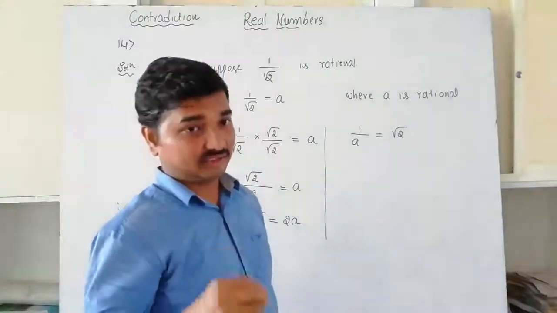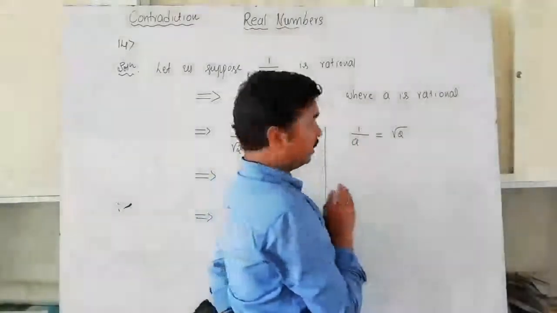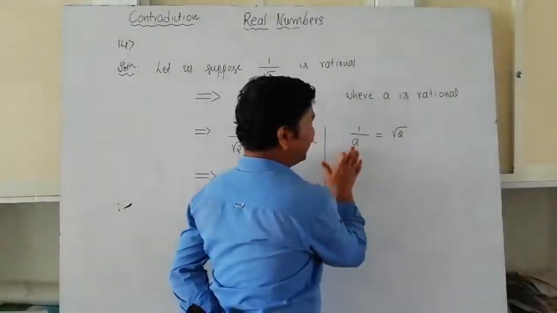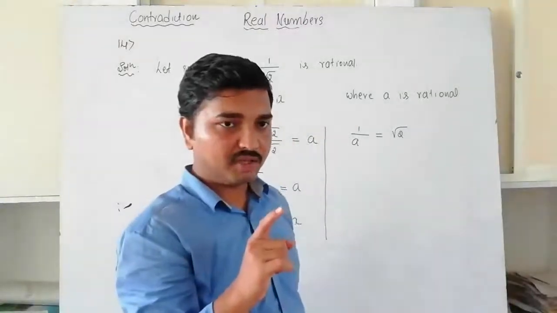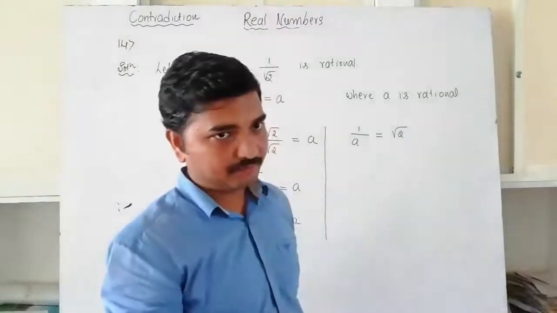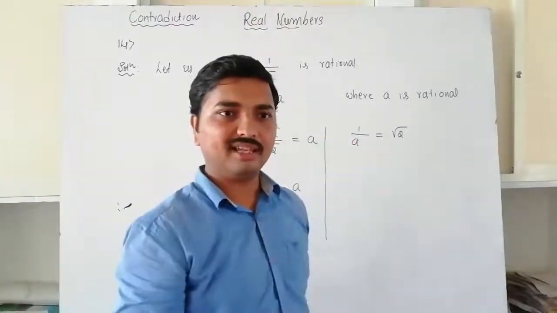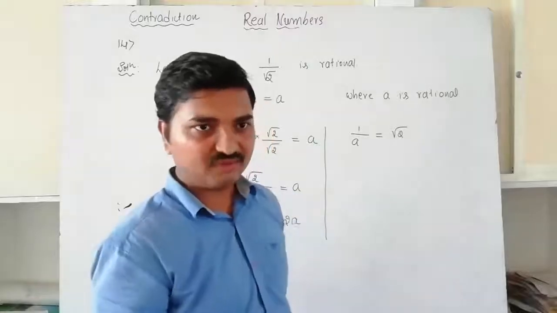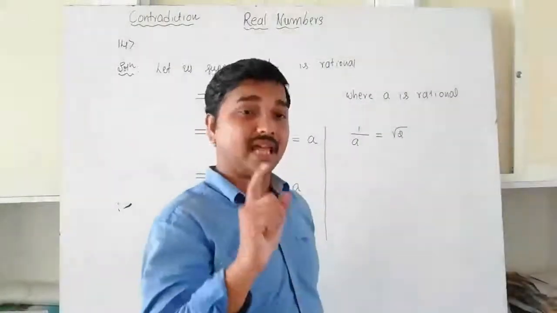Suppose now I am going to write 1 by a. If you write like this, a can take 0. Are you getting my point? A is a rational number, which means it can take any rational number. It is just like a variable. So that's why a can take 0 also.